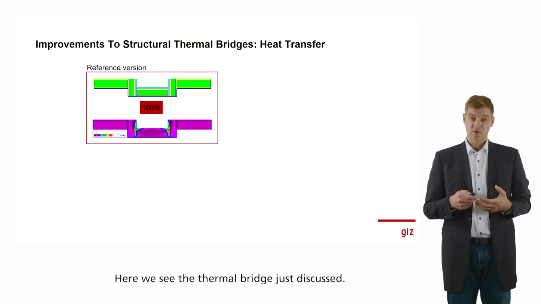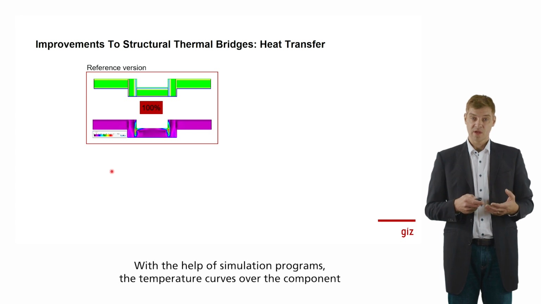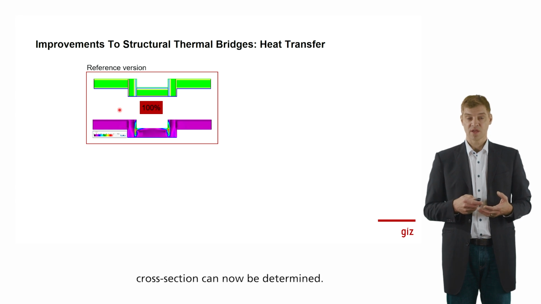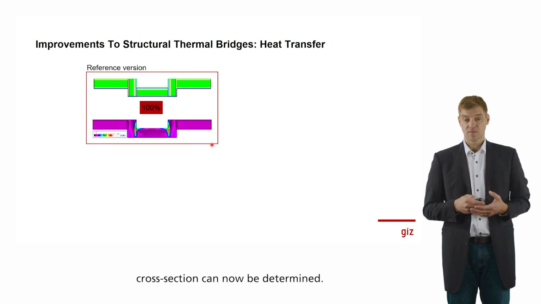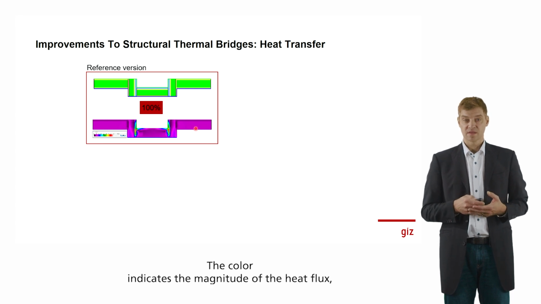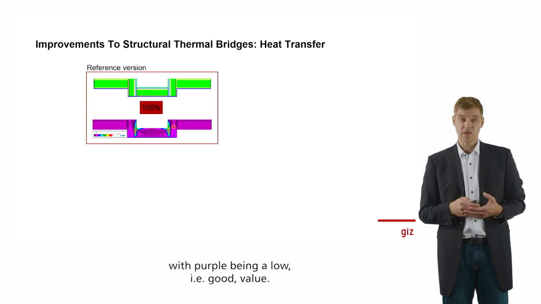Here we see the thermal bridge just discussed. With the help of simulation programs, the temperature curves over the component cross-section can now be determined. The color indicates the magnitude of the heat flux, with purple being low, meaning a good value.